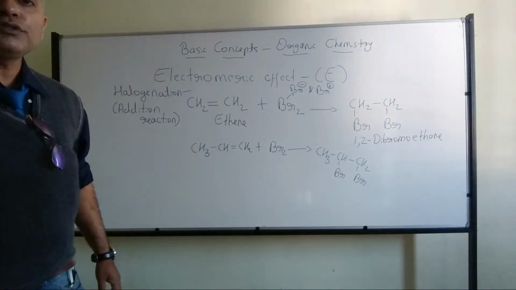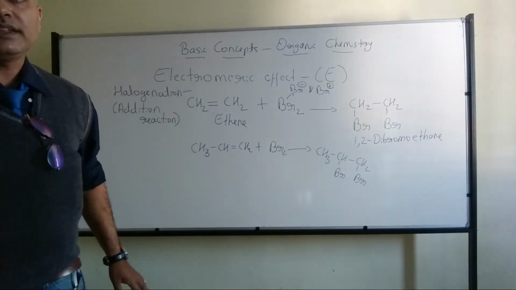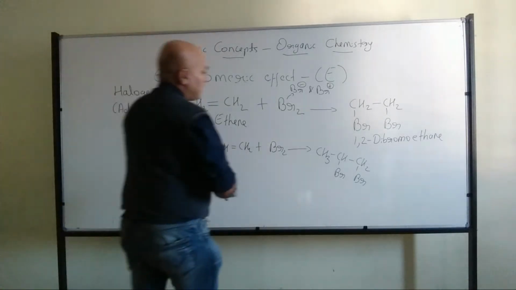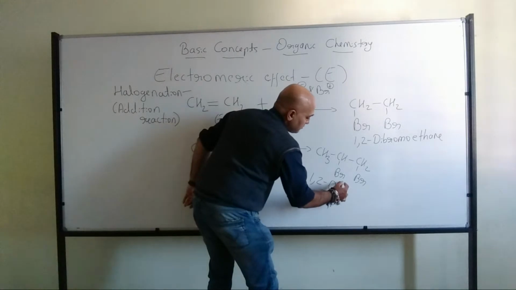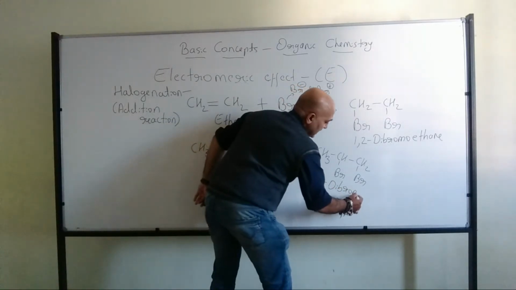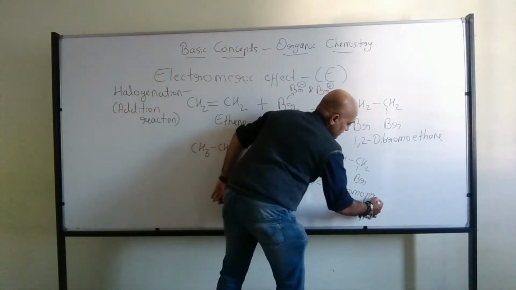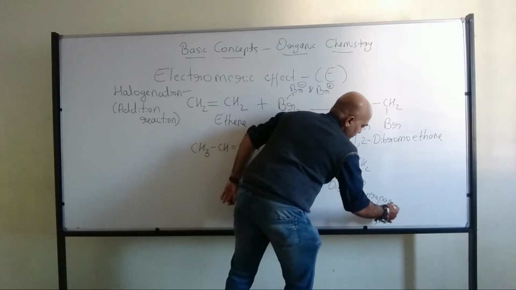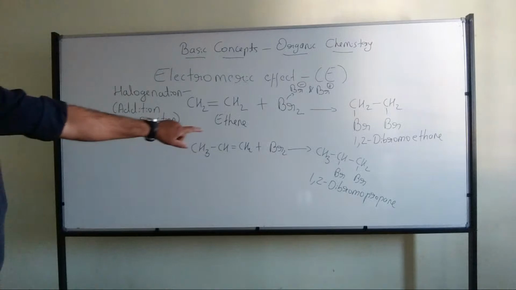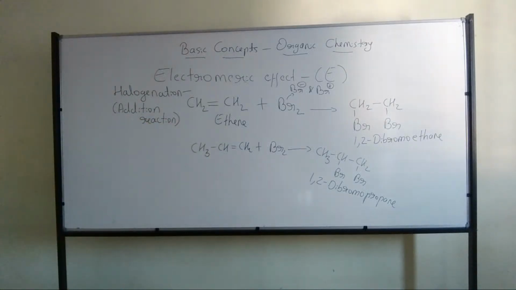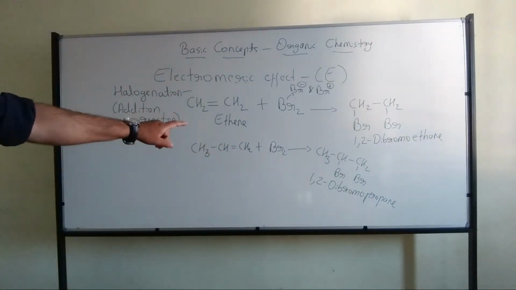That is 1,2-dibromopropane. Right? We are going to get only one product. So therefore, there is no question of major product and minor product in this case.